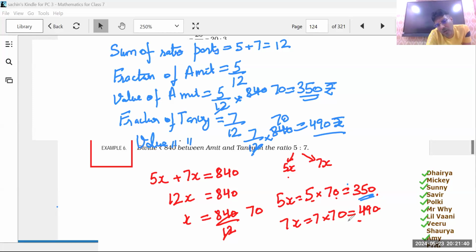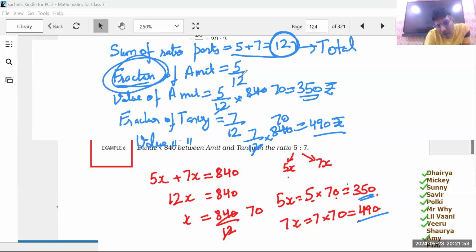Answers will match. Okay guys. So what we do, we find the total ratio parts, which is 12. Then find the fraction. Then multiply with the total, which you have to distribute to find the value.